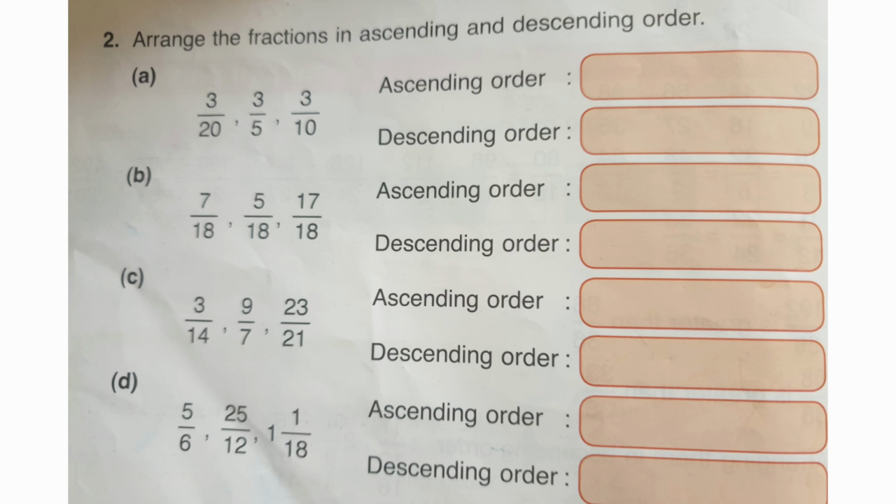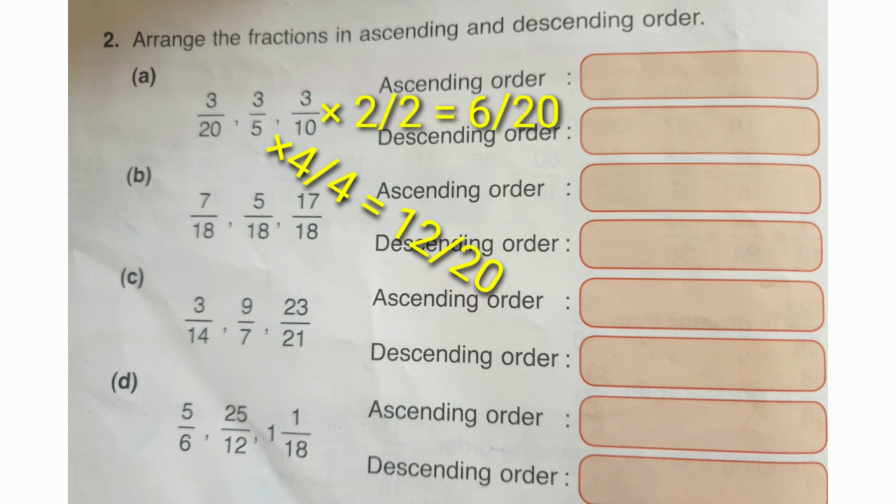Let's multiply 3/5 by 4/4 to get 12/20, and multiply 3/10 by 2/2 to get 6/20. Now we can clearly see that 3/20, 3/5 or 12/20, and 3/10 or 6/20 are all similar fractions, and we can easily arrange them now in ascending order and in descending order.